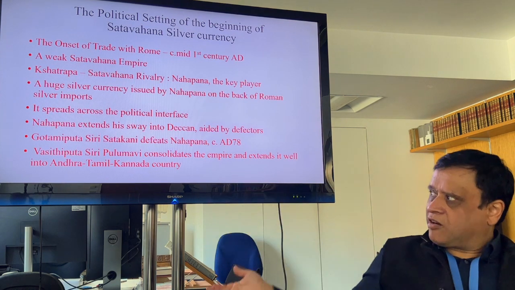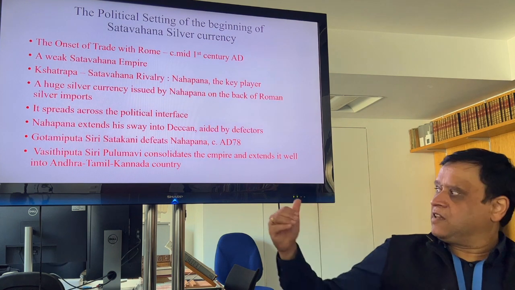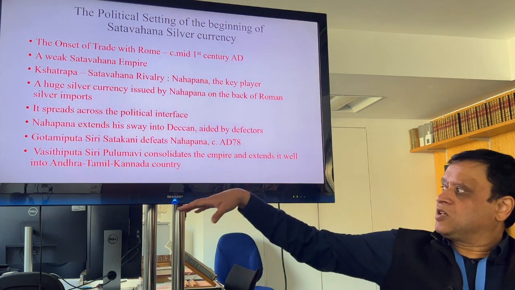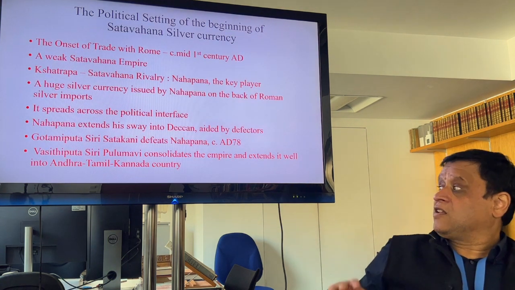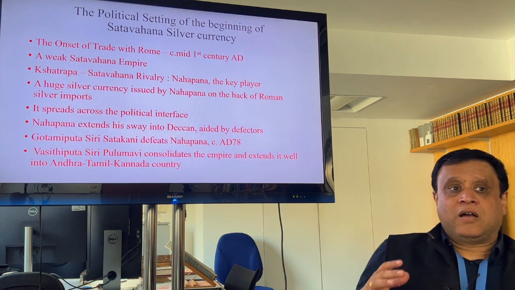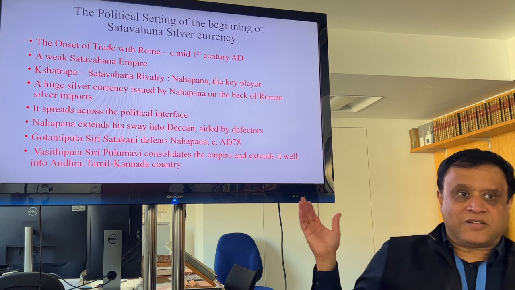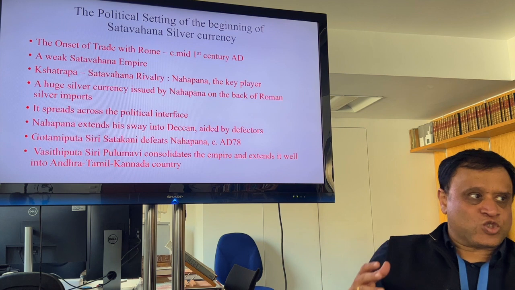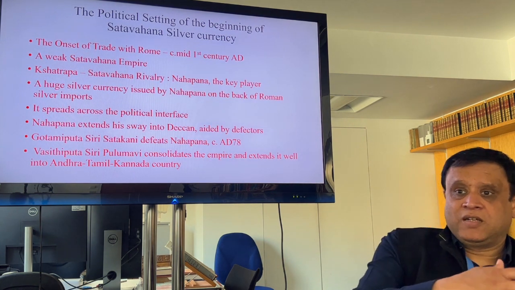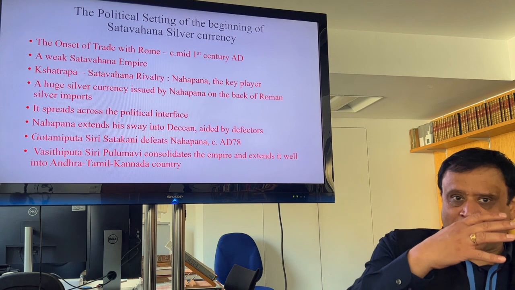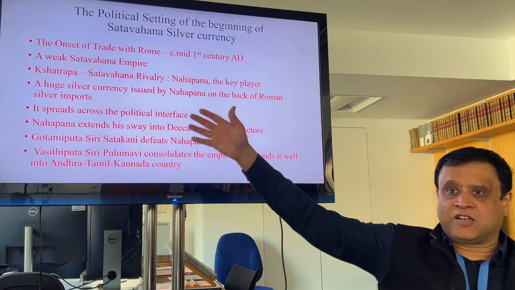After that, for another 50 odd years, the Satavahanas are in perfect ascendancy, and Vasitiputra Pulumavi, who's the son and successor of Gautamiputra Satakarni, then consolidates the empire, does away with these defectors from the old stock, and then extends it away from the heartland, which was in Maharashtra, over to Andhra, Tamil, and Karnataka.